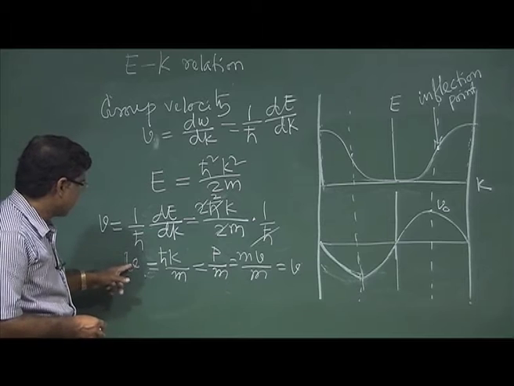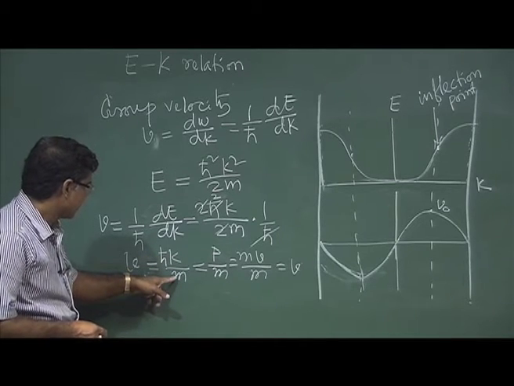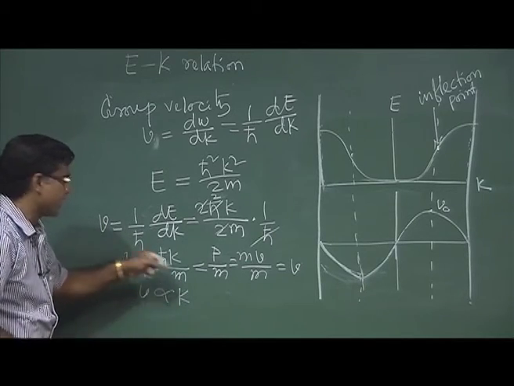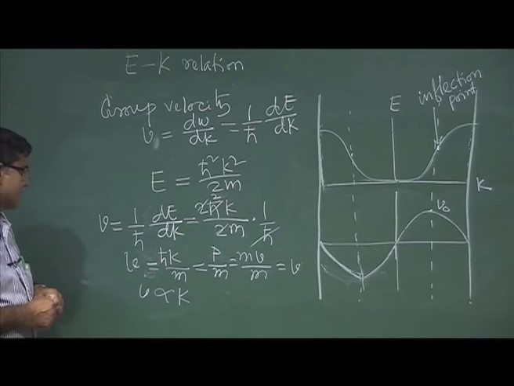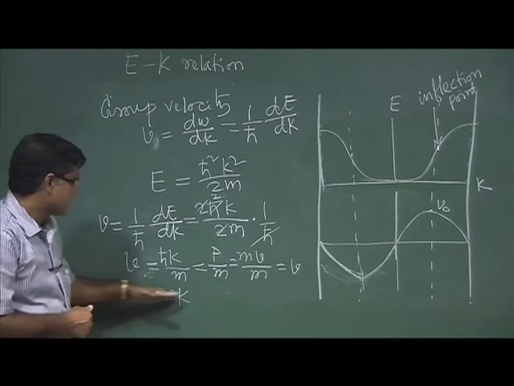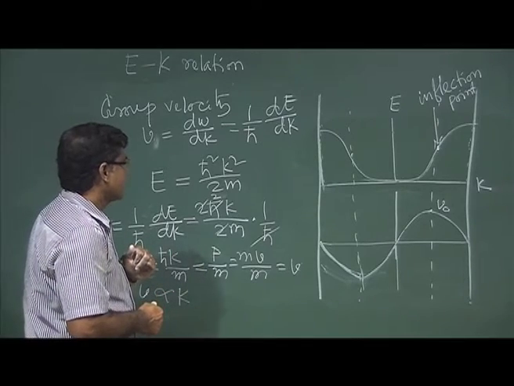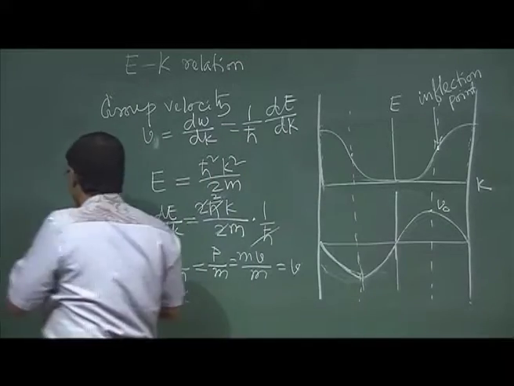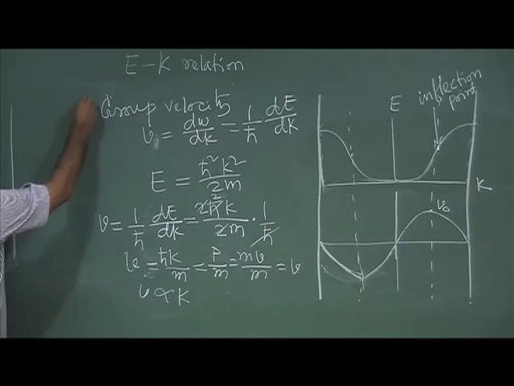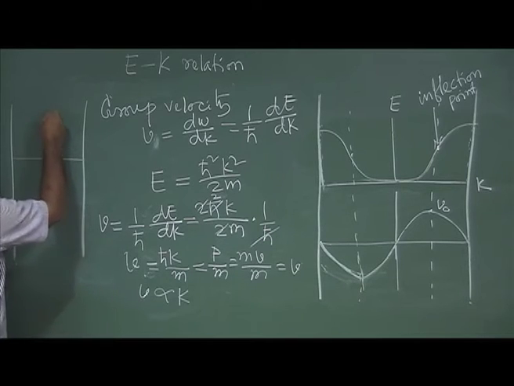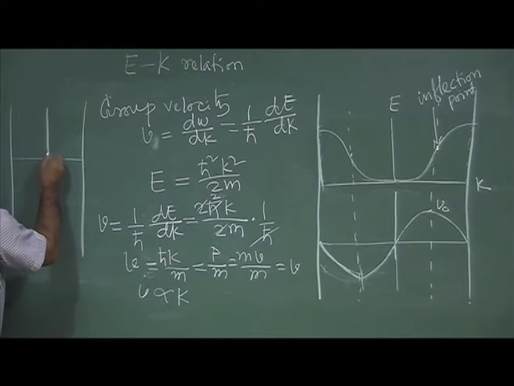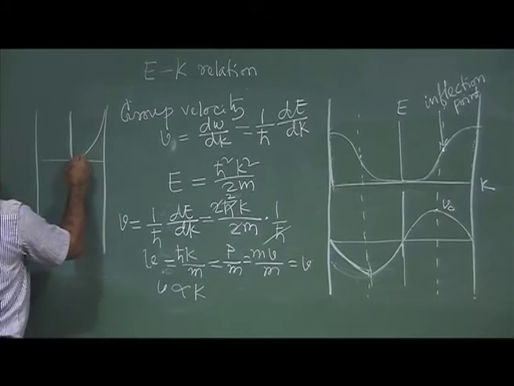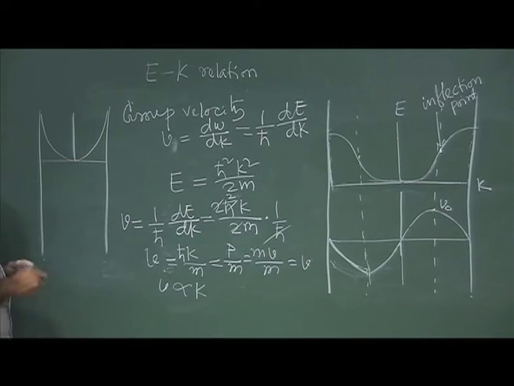Another aspect of what we have seen here: v equal to h cross k by m, right. So, v is linearly proportional to k, just a linear function. So, if I draw here, for a free electron, what was the E-k curve? It was just a parabolic curve, right.